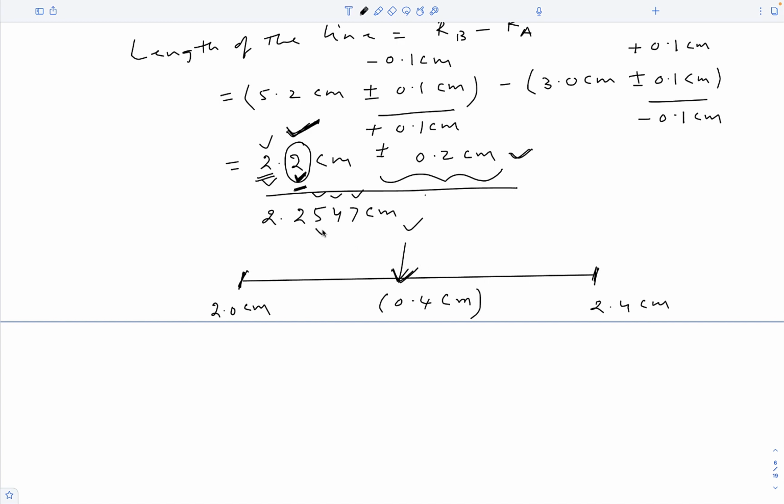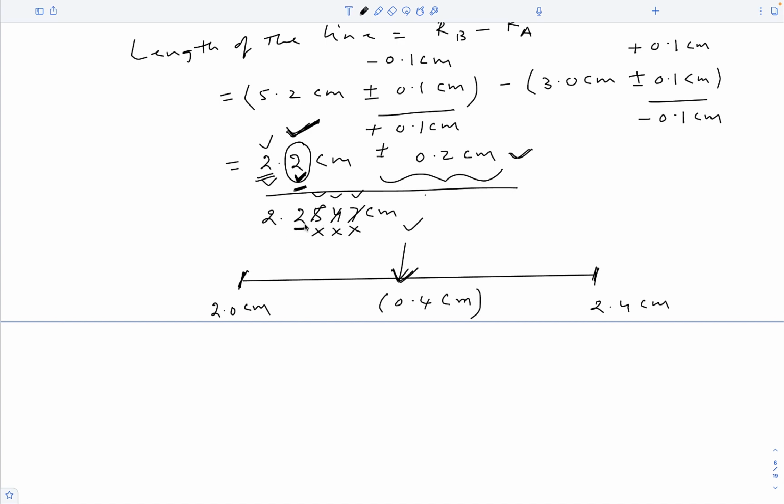But you can never be sufficiently confident about the values of more than one estimated digit in any measurement. See, we are not even 100% sure about the value of this first estimated digit. Then how confident can we be about the values of these digits? So never estimate more than one digit in any measurement.